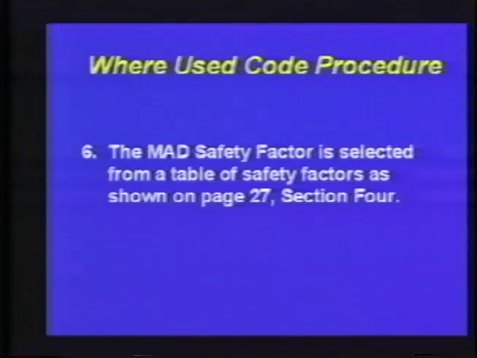And step 6 indicates that MAD, mean absolute deviation, which is calculated, and again we'll show you how to do that, and how that safety factor for a pre-selected service level is found on page 27 in section 4.